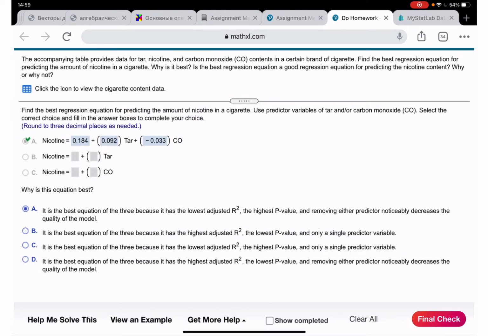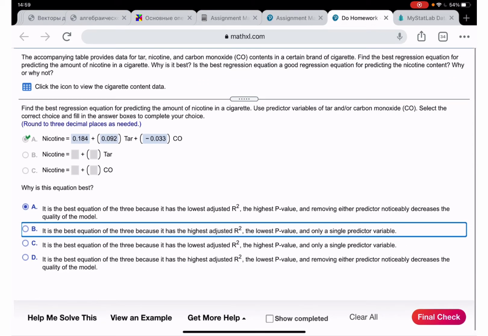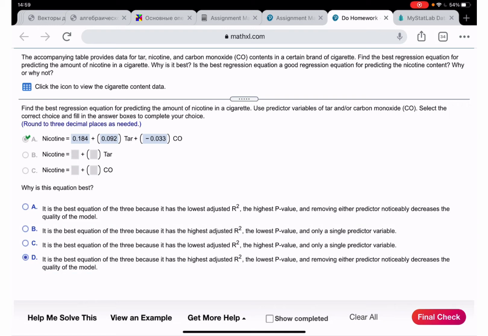Did I choose something wrong? It's the best quality equation of the three because it has the highest R squared, the lowest p-value, and removing either predictor noticeably decreases the quality.